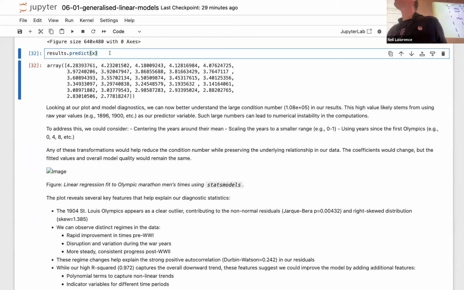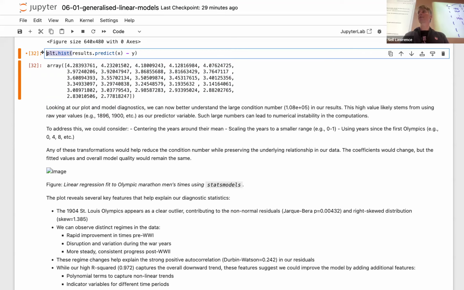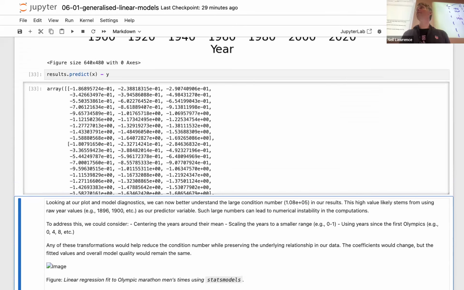Classic Python annoyances. So let's get back to what we had before. The results predict are in this form, but when I do this histogram, something went wrong, and I get a result that's in the form of a matrix.